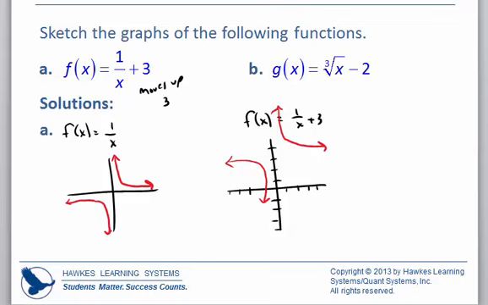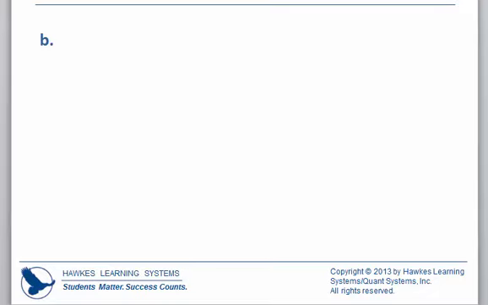All right, part B asks us to graph g of x equals the cubed root of x minus 2. So again, we need to start by saying, okay, this is our base function, the cubed root of x.